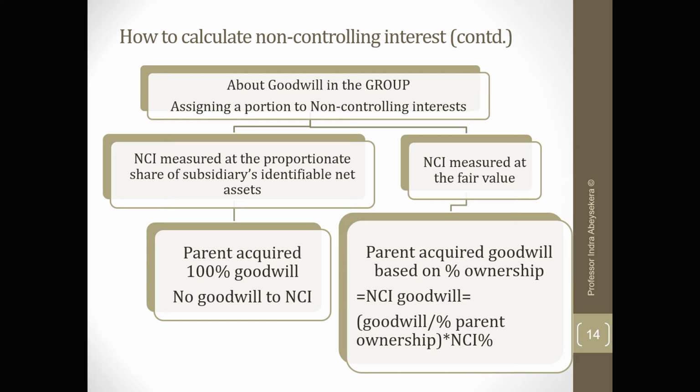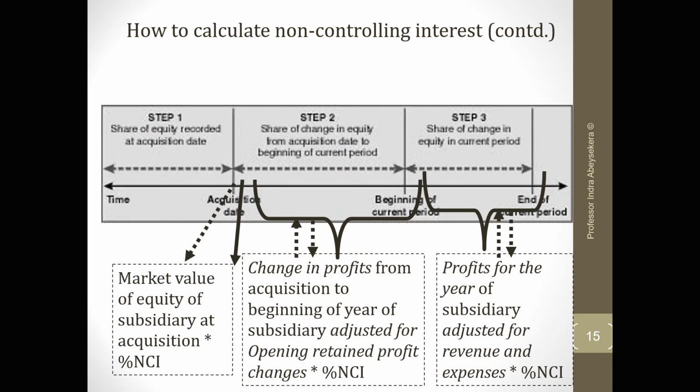Whereas if we take the notion that NCI is measured at the proportionate share of the subsidiary's identifiable net assets, then we take the position that the parent acquired 100% of goodwill, and no goodwill as a result of that will be given to non-controlling interest. But if we take the position that NCI is measured at fair value, then that portion of goodwill has to be given to non-controlling interest.